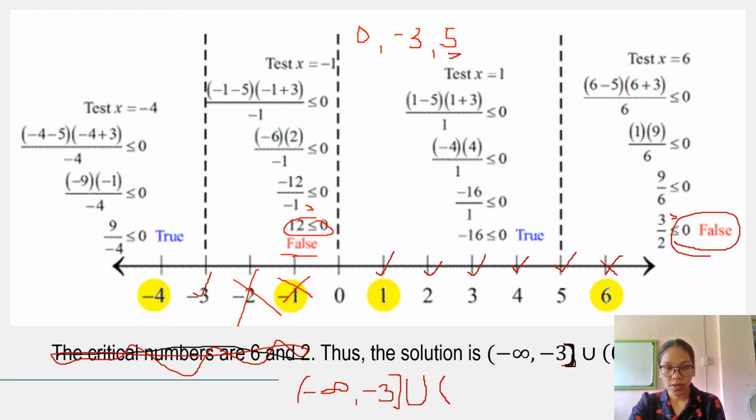Lagay natin dito 0. That means pag open interval tayo, hindi siya kasali. Until 5 lang. So we have 5. Yan yung solution natin sa inequality.